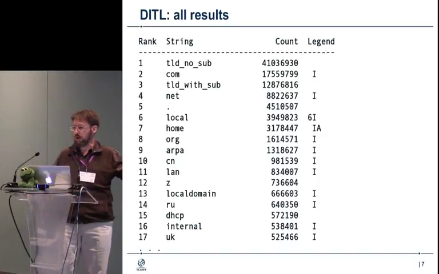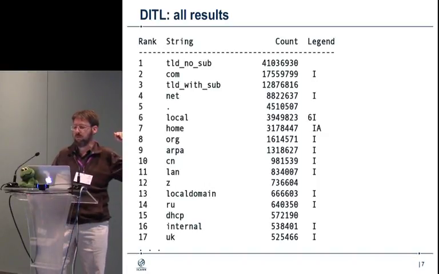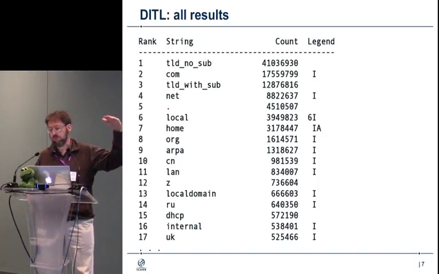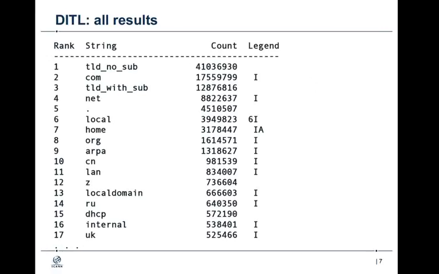So for DITL 2017, looking at all of the results, let me first explain what the columns are. The rank is clearly biggest to smallest. The string, and numbers 1 and 3, I'll explain in a second. The number of counts is in hundreds of thousands. An I there means it was in the inter-aisle report from 2012, which is how I use these to identify things.